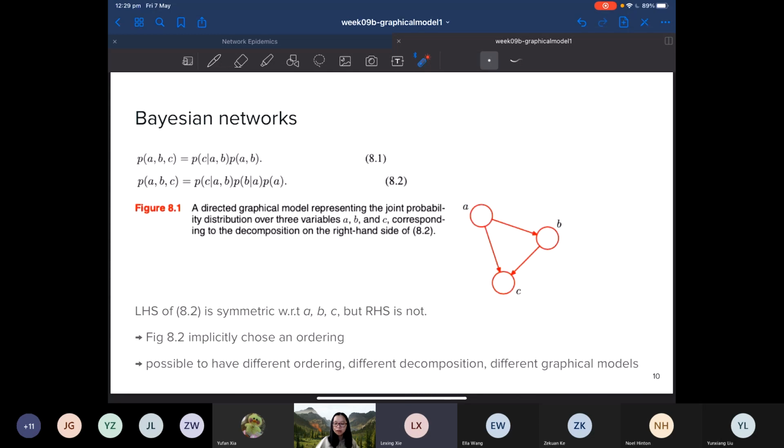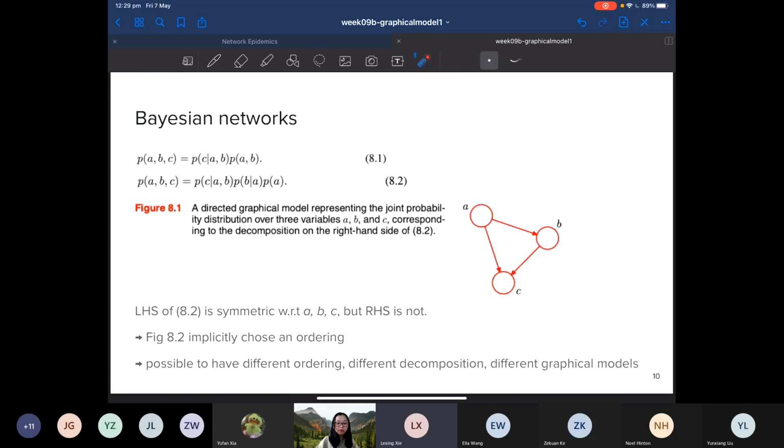And then we can intuitively write, based on the conditional dependency relations, that A doesn't condition on anything else. B and C are both conditioned on A, as reflected here. In addition, C is conditioned on B, right? So these arrows represent this implicit choice of ordering, right?